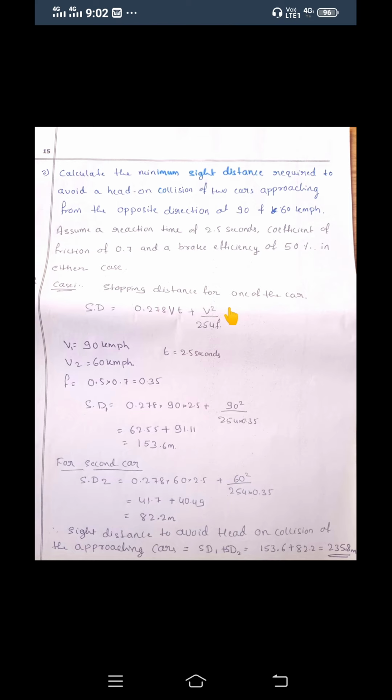So we add the stopping sight distances of these two vehicles: 153.6 plus 82.2, totally 235.8 meters. This much distance is required to avoid the head-on collision between the two vehicles.